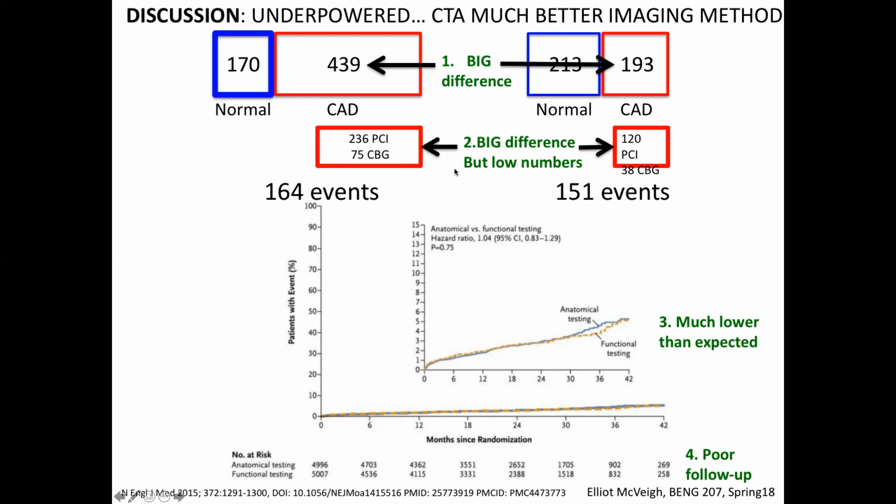And we've even shown when you look at COURAGE, if all of these people get PCI and none of these, there won't be much of a difference in events. So really the power of this trial, I think, is this number here. And there are other subsequent analyses of these things.